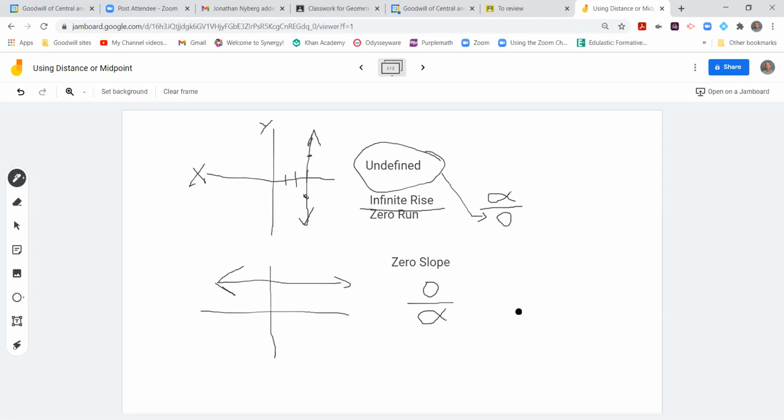Now, we can try to divide zero by any number that we want to. We're still going to get zero. So those are two kind of unique situations that you got to get comfortable seeing and working with.